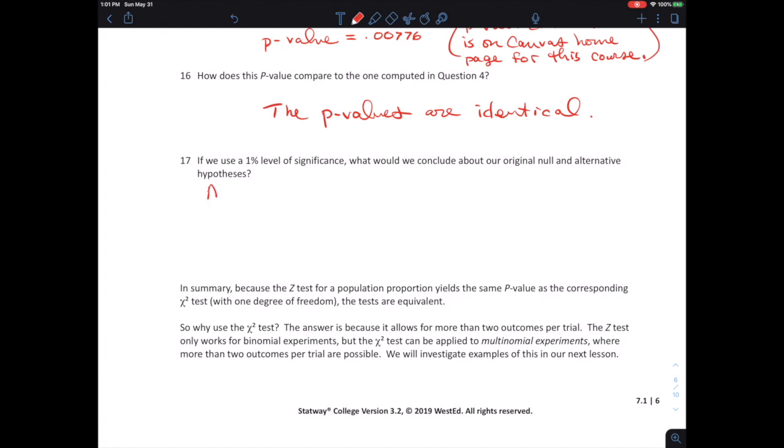Well, as before, the p-value is 0.00776. Look at those first two digits. It's 0.00, which is less than 0.01, and that's our alpha value. With it being less, we would reject the null hypothesis and support the alternative.